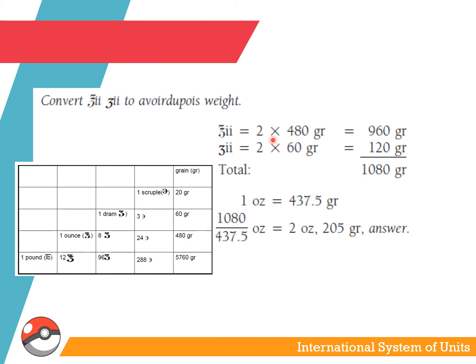So we multiply those by 2, and we arrive at 960 grains plus 120 grains, arriving with 1080 grains. Next is to use the conversion factor of 1 ounce is equal to 437.5 grains, and the answer is 2 ounces and 205 grains.